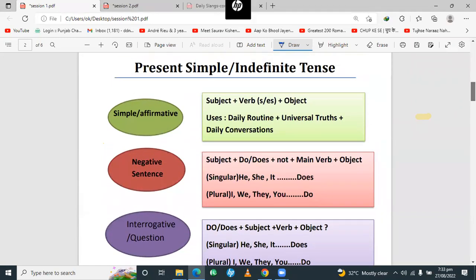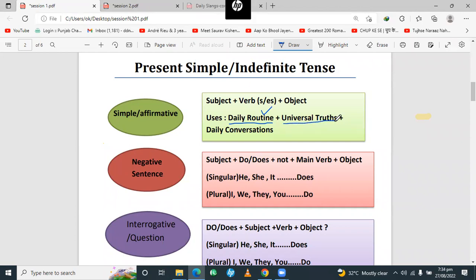Now let's talk about present simple. Firstly, you need to understand when to use present simple. Whenever you are describing your daily routines, the stuff that you used to do on a daily basis, repeatedly, in a cycle, your habitual stuff, you can use present simple.